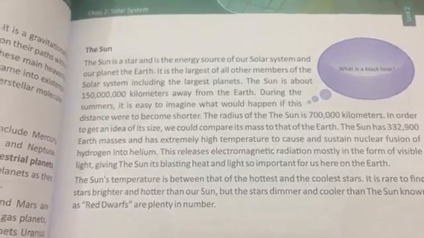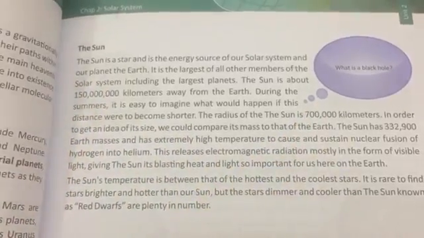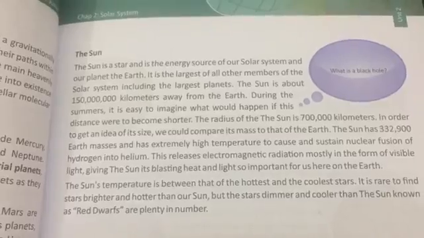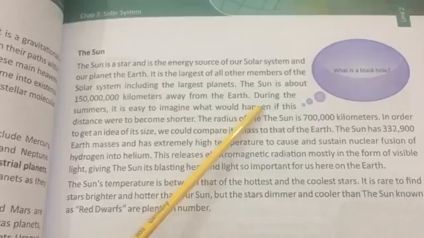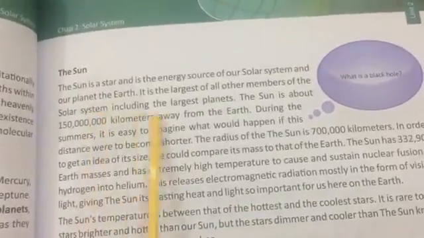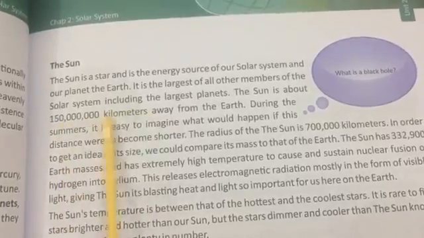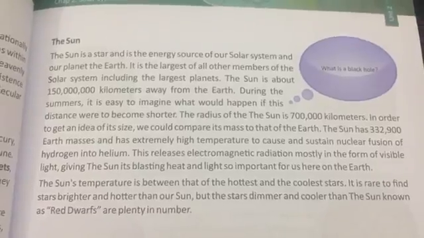So we would be boiling, I guess. The Sun has a very hot temperature, and if this distance becomes shorter, what would happen to the people living on the Earth?